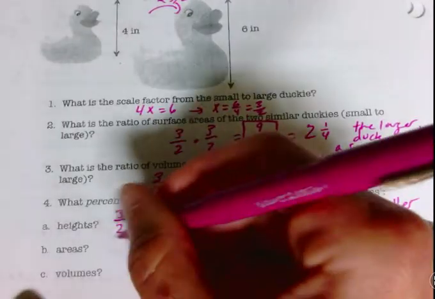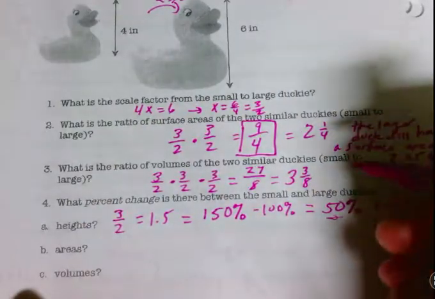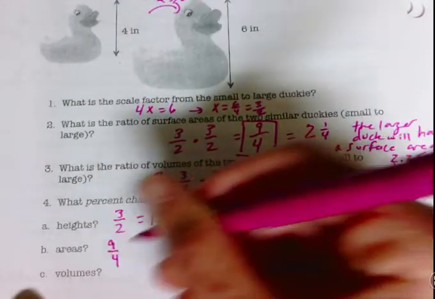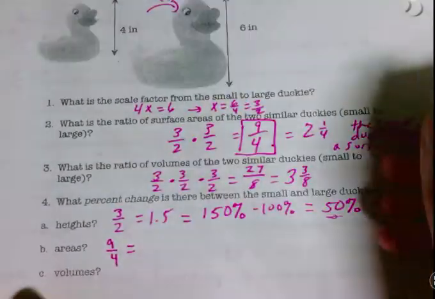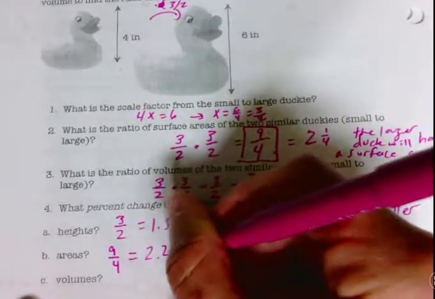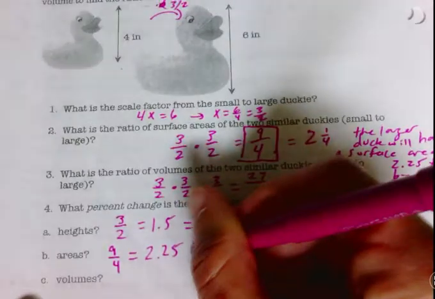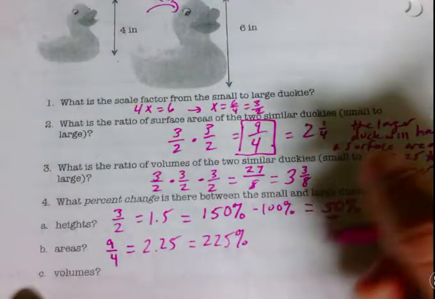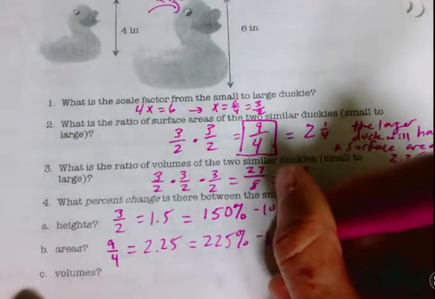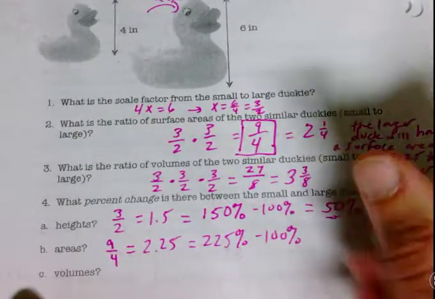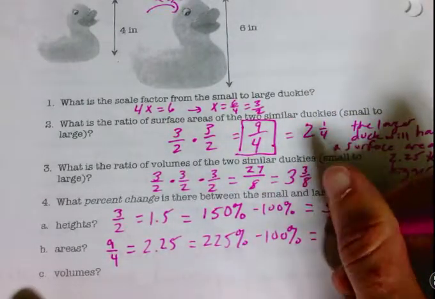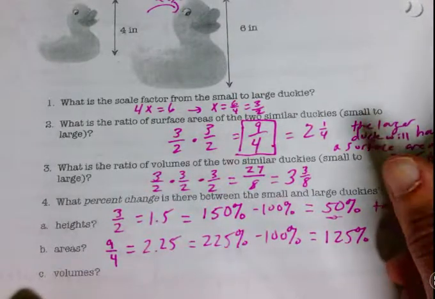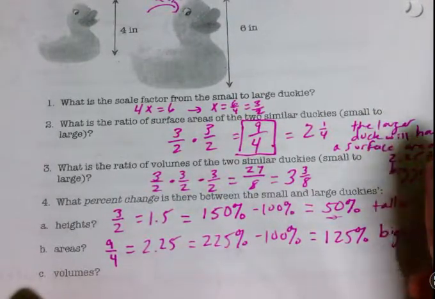All right, so the area's scale factor is 9/4. When we think about that as a decimal, we said it was 2.25 times bigger. That would be 225% of the size of the original, but I want to take away that 100% of the original to think about how much it changed. So it's 125% bigger area.